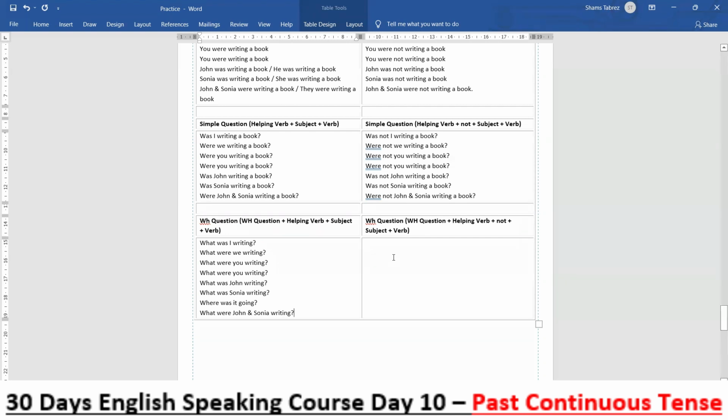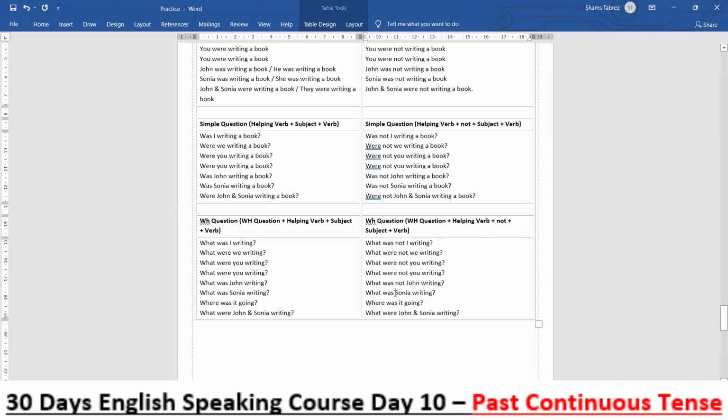And if you'd like to add not in it, then what was I not writing? So it should be not here, right after the helping verb. What were we not writing? Not will be added right after the helping verb.